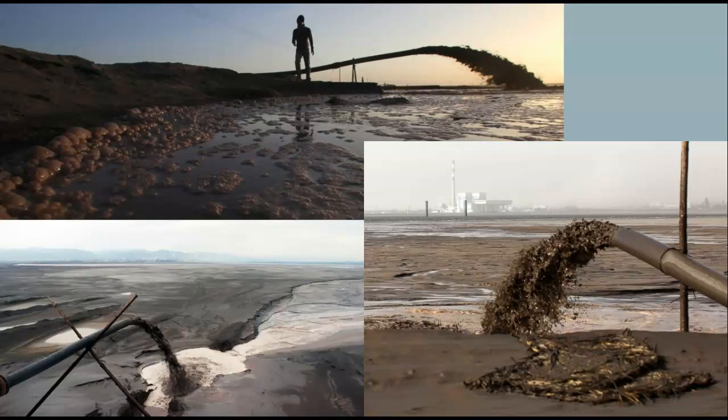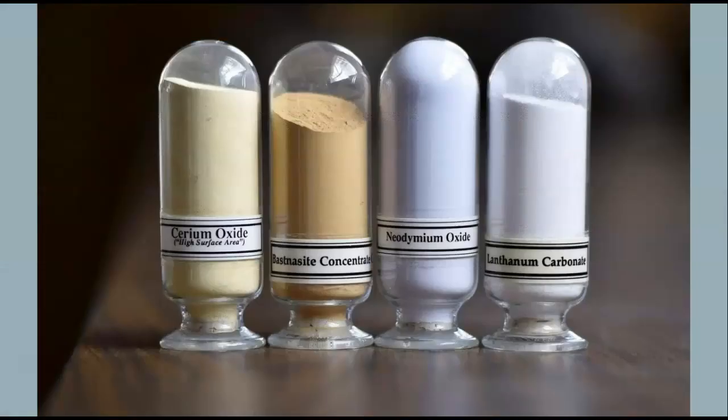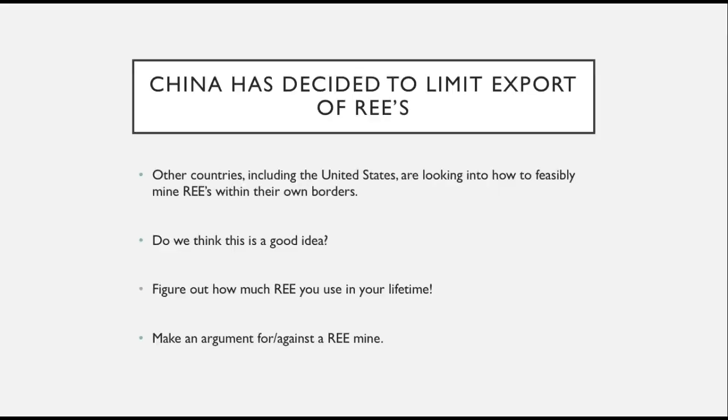So, a very unfortunate side effect of the world in which we live, of high tech. Again, here's just an image of what these things look like after. This is not what they look like when they come out of the ground, but after refining, they look like this, and they can be used in, like I said, all of the high-tech products that we love and hold dear.